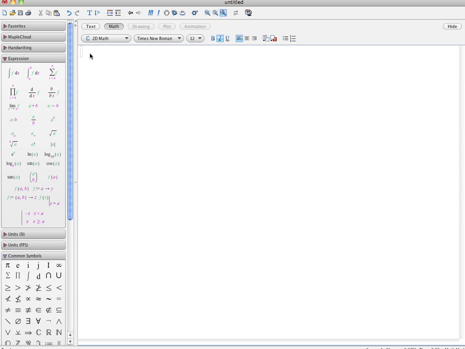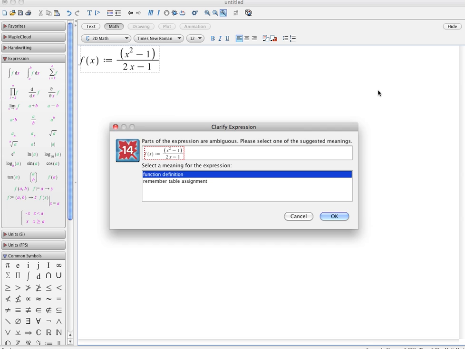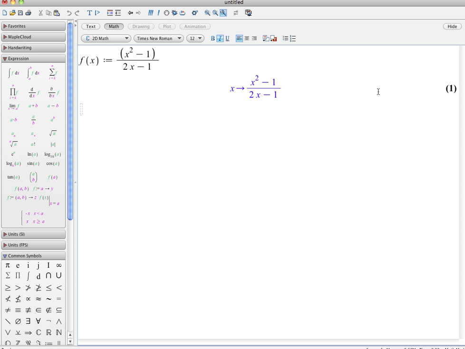So a quick graph in Maple should confirm what we just did. So f of x equals x squared minus 1 over 2x minus 1. And let's go ahead and plot this. Plot f of x.